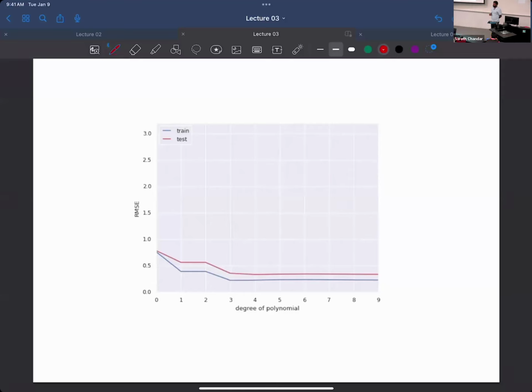With gradient descent, I'm able to find a good solution, which means gradient descent actually learns to suppress some of the degrees and give the optimal solution that we need. Is that clear?